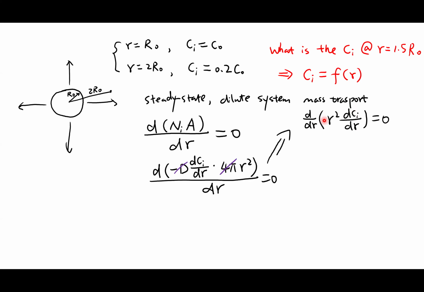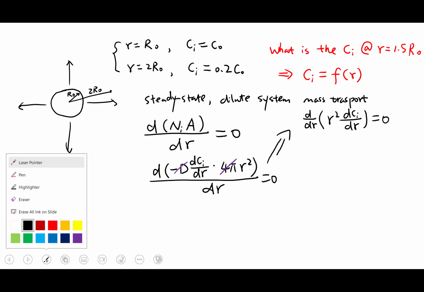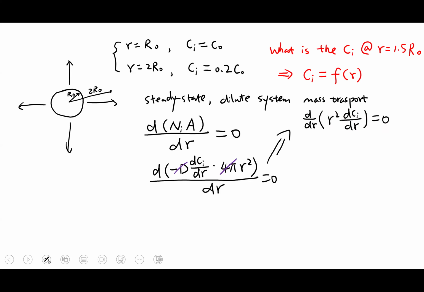As we know, only when this inside stuff is a constant number, then you take the derivative and you get 0, right? So basically, this is telling us that the inside part of this equation is a constant. So we can assume that r squared dCi over dr is a constant number.